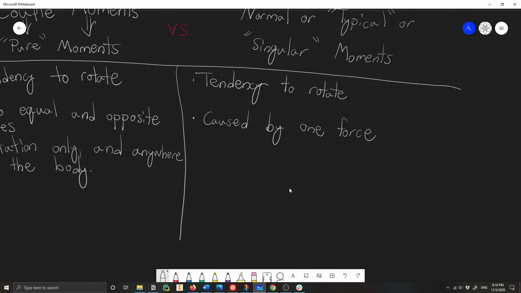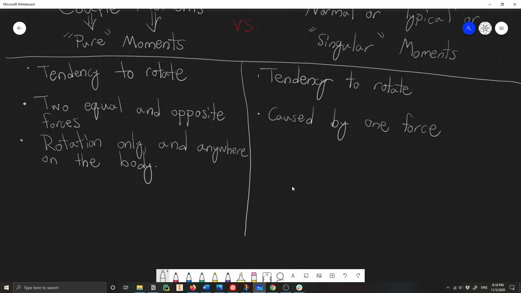Okay, moving over here. Actually, let's go back. There we go. The magnitude of the moment in a singular moment is dependent, I'm pretty sure that's how you spell it, could be wrong though, it's dependent on both the force and the distance.